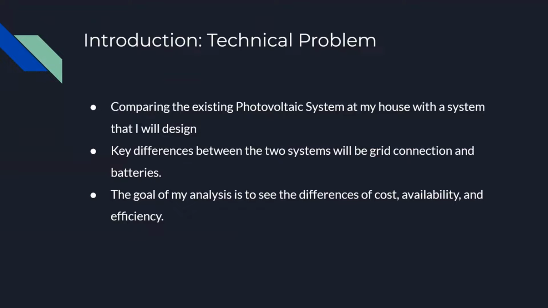The system I'm designing will be off the grid and will have a premium battery as opposed to maybe a lower quality one. The goal of my analysis is to see the differences of cost, availability, and efficiency.